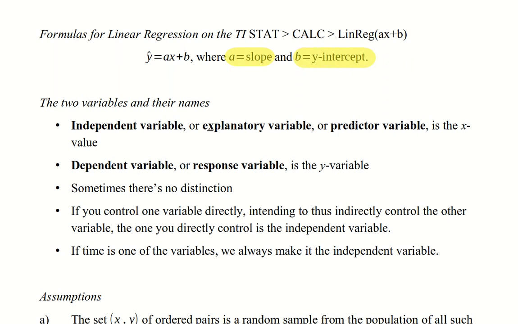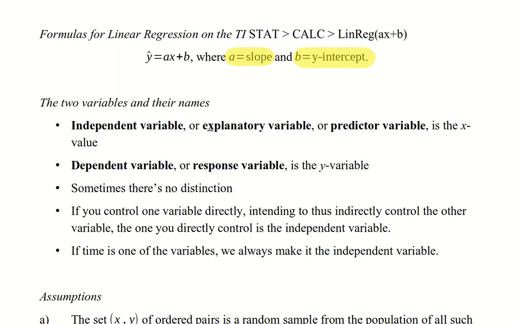Now, one of the strange things about TIs, and I might as well say this now if you're playing around with your calculator, there's other ways of doing linear regression. You can do it as a test, and when you do that, the A and the B in your calculator is swapped. So this is what I recommend.